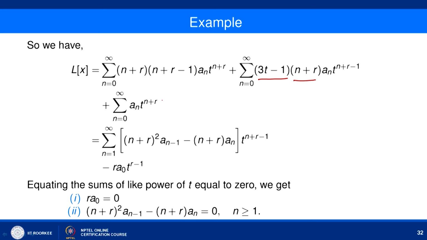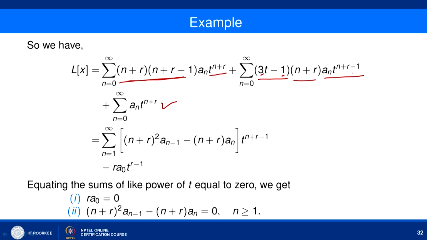Now, if you simplify, you will get what? Let us calculate the coefficient of t to the power n plus r. Here this term and this term will contribute to t to the power n plus r, and if you multiply 3t into this, it will also contribute to t to the power n plus r. If you look at this term, it gives a term of t to the power n plus r minus 1.